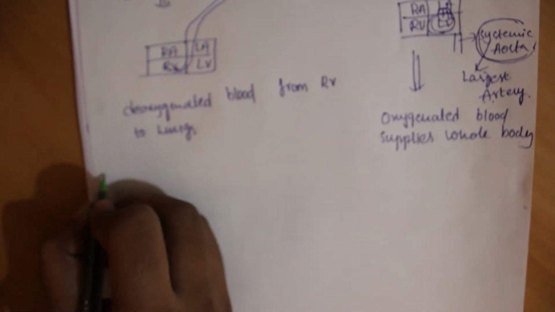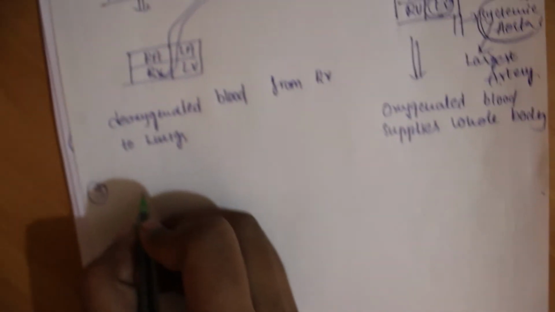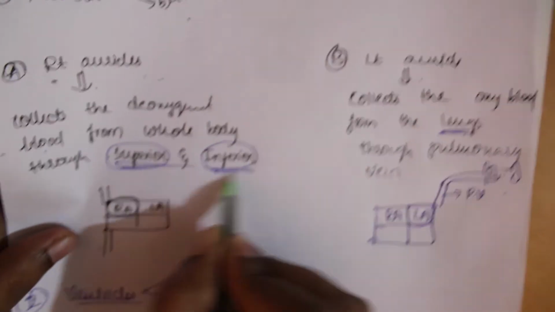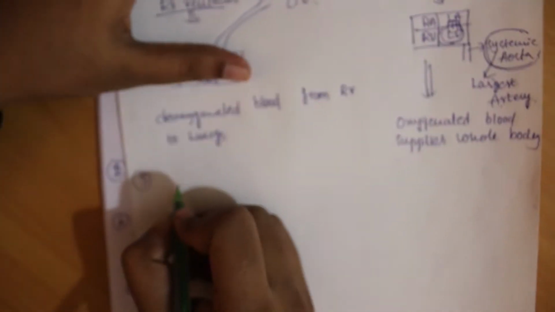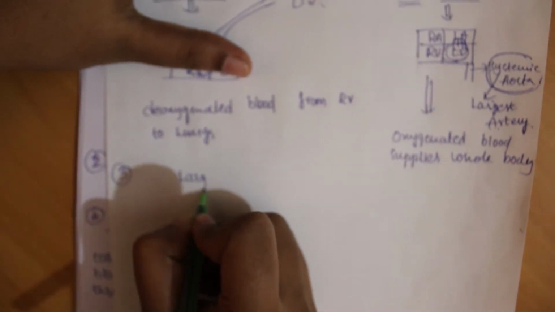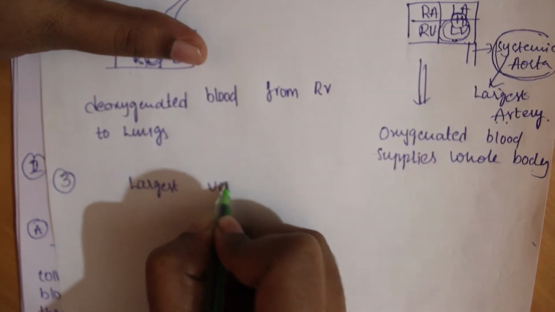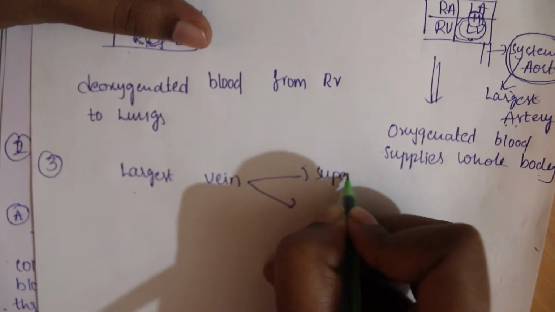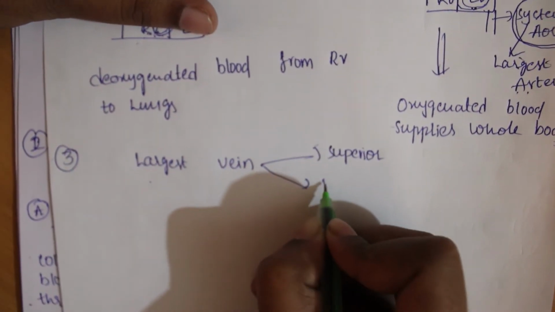Now move on to another subheading, that is the vena cava. I explained it in the auricles topic, that is the superior and inferior vena cava. What is the function of the superior and inferior vena cava? I am clearly explaining here. It is the largest vein, and it is divided into superior and the second one is the inferior.